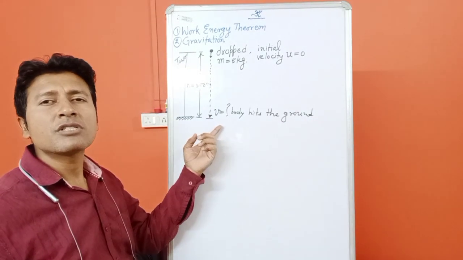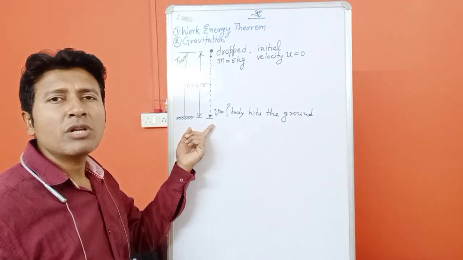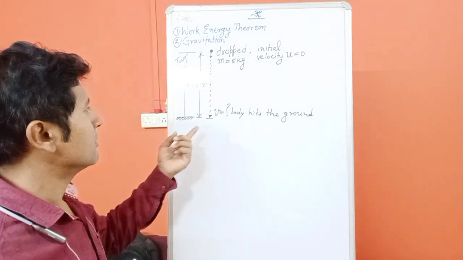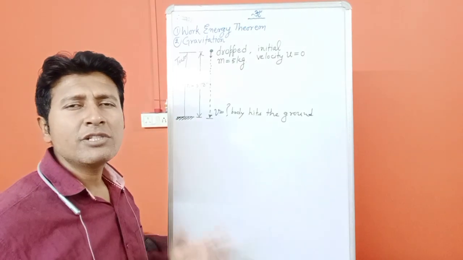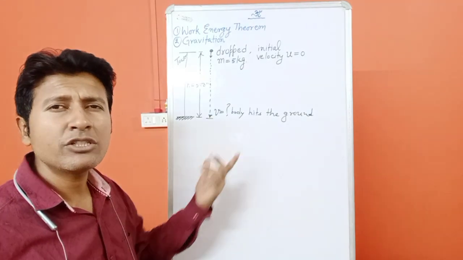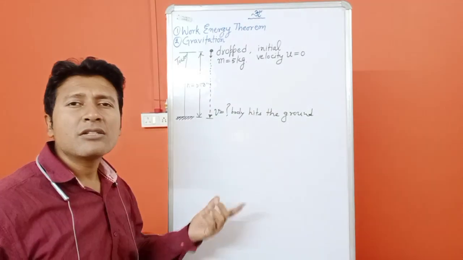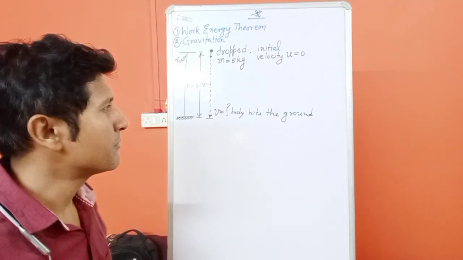This final velocity at the time when the body hits the ground has to be found. This one is clear? Now this particular problem can be solved in two ways. Either we can apply the equation of motion, else we can apply the work energy theorem, correct?